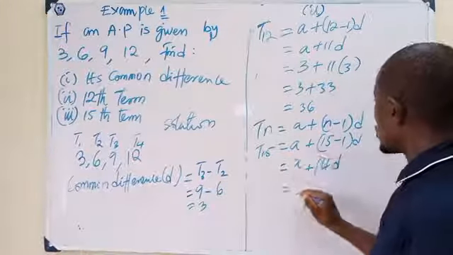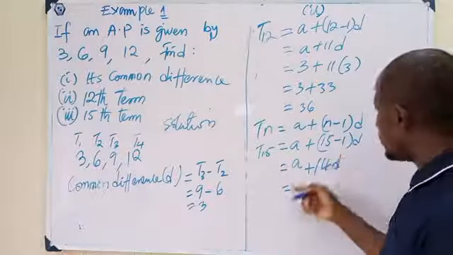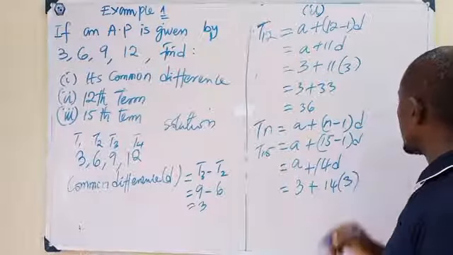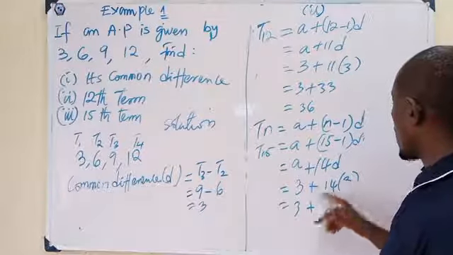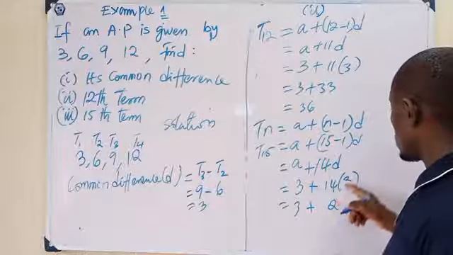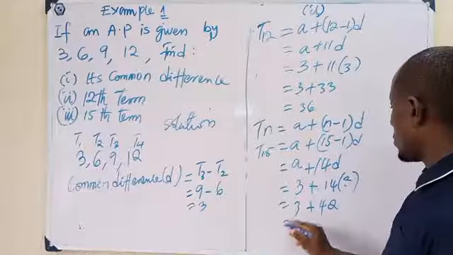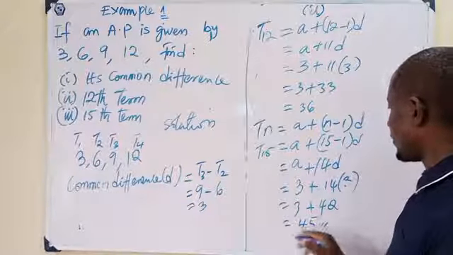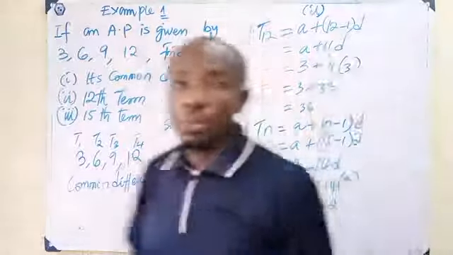So this is 3 plus 14 times 3. So this will give us 3 plus 3 times 4, 12. Put down 2, carry 1, 3 times 1, 3 plus 1, 4. So this is 45. Alright, that is for example 1.